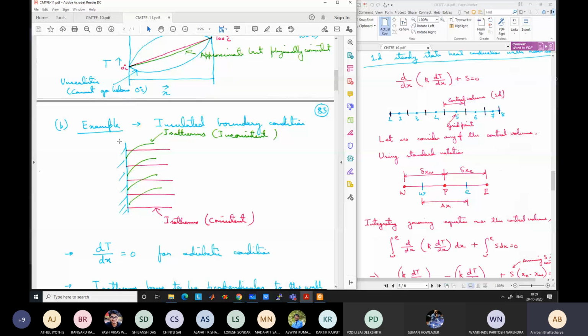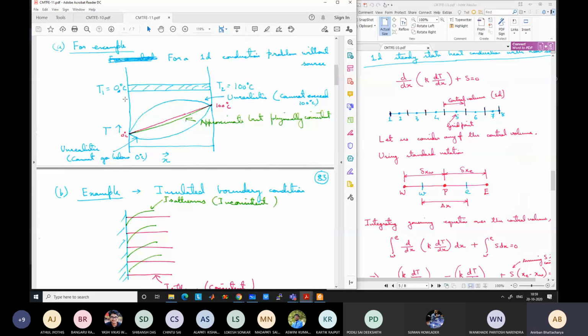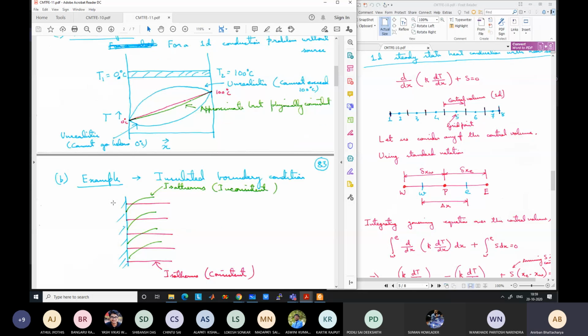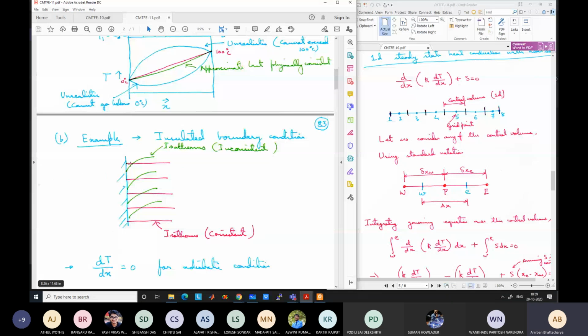So instead of constant temperature, you are putting an insulated boundary condition on a wall. It means that dT/dx equals 0. K dT/dx equals 0 because there is no heat flux, and K is finite, so dT/dx equals 0. It means that just adjacent to the boundary, T should not vary with x.